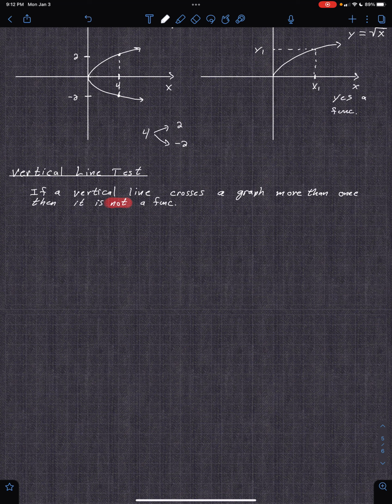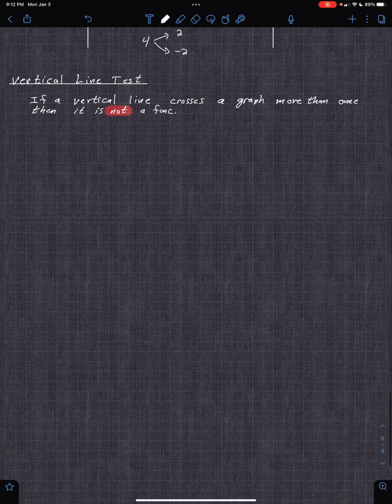Some actual questions. Determine the domain and range of a function. So here's some examples, and we'll talk about actual functions and what they look like. The general idea here is to find the domain and range of functions.